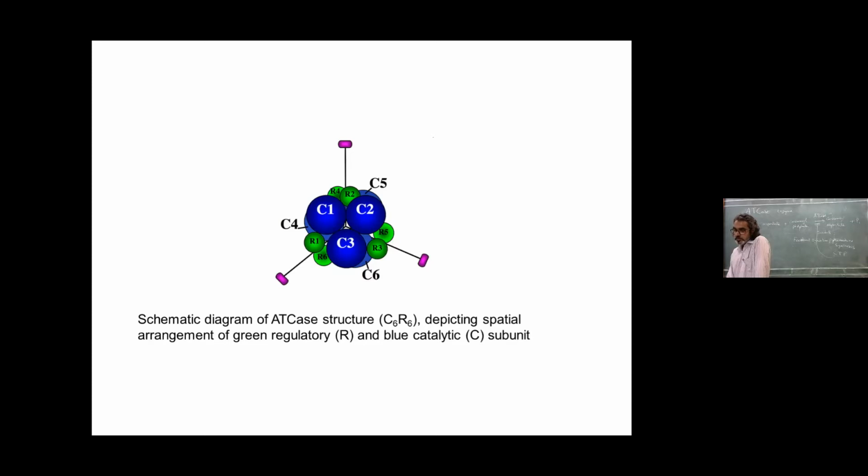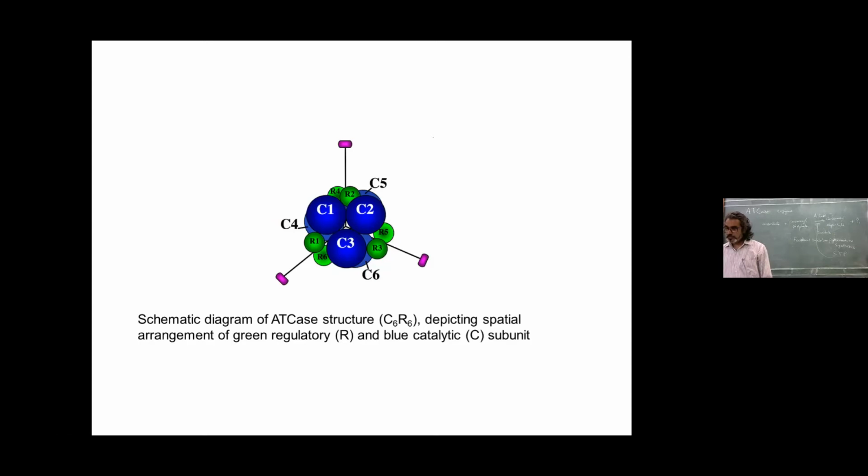The catalytic subunit is shown in blue, and R is the regulator. Towards you, you see only C1, C2, C3, and the other 3, C4, C5, C6, are behind, arranged in a symmetrical fashion. C3 is a symmetry axis. And you have R1 through R6, again 6 subunits. So this is a hexameric protein.